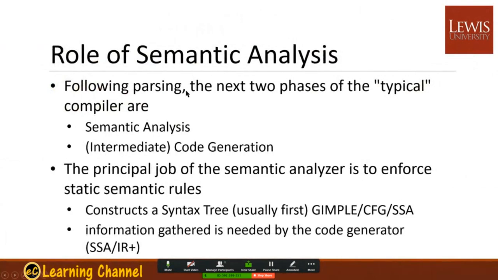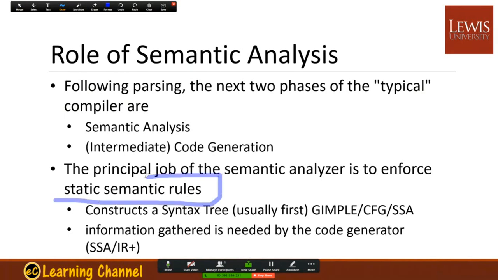The role of semantic analysis: following parsing, the next two phases of a typical compiler are semantic analysis and intermediate code generation. The principal job of the semantic analyzer is to enforce the static semantic rules. We have static semantic rules and dynamic semantic rules, but here we only talk about the static part, meaning rules that can be enforced by the compiler. It constructs the syntax tree, usually first GIMPLE, CFG, SSA.